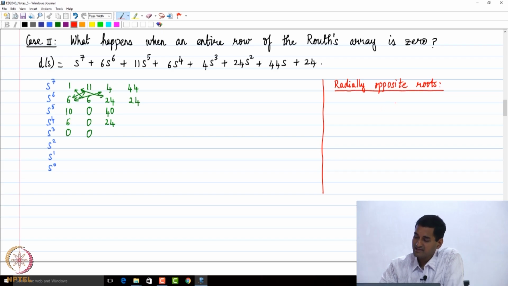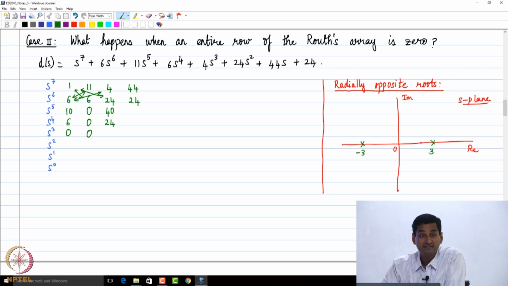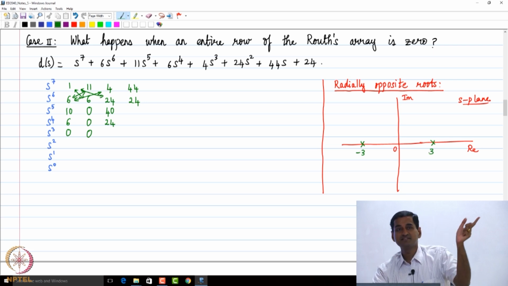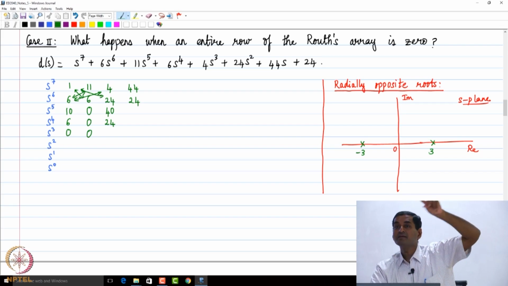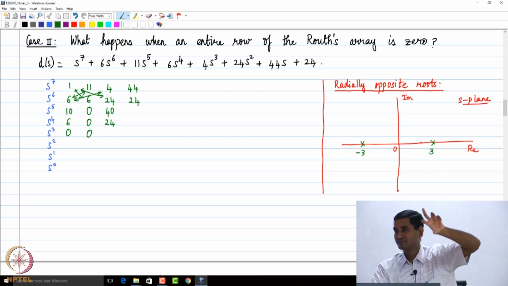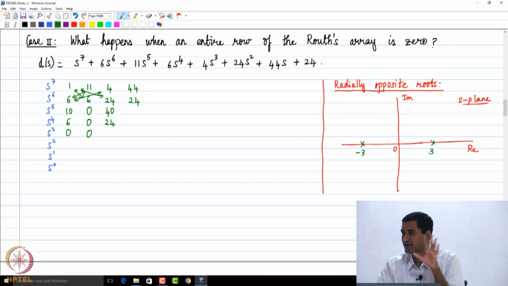For example, let's say I take the s plane. If I consider -3 and +3, that's a pair of radially opposite roots. Essentially you look at the origin and draw a circle, and any pair of roots which lies on the circle is a radially opposite pair. -3 and +3 form a radially opposite pair.